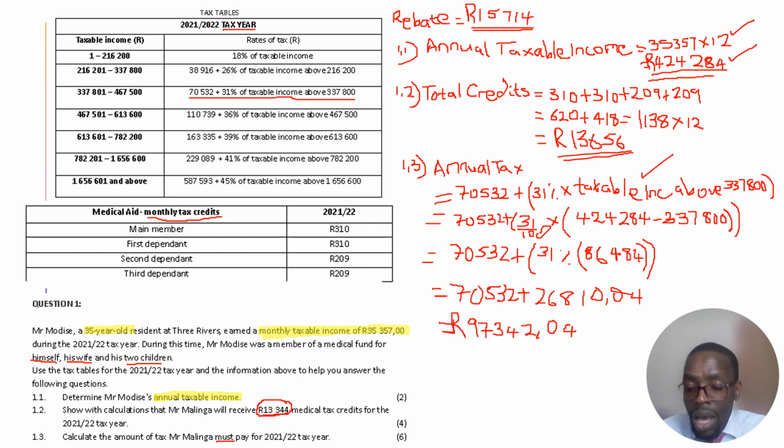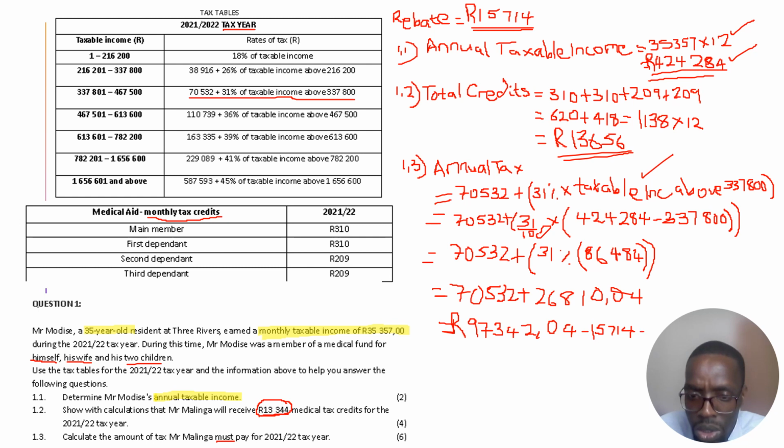So it means this is the amount of tax that is supposed to be paid. Okay, so in this case, we have 97342.04. Then we are going to say minus, then we are going to subtract our rebate, our modified rebate of 15714.